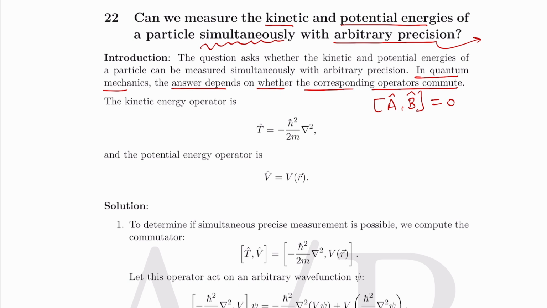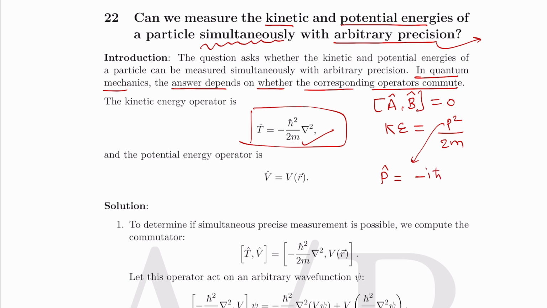So we have the operator formulation of kinetic energy, which is given by this. You know that the kinetic energy in such a case is always P square upon 2m. And now you have the momentum operator, minus iota h bar d/dx.